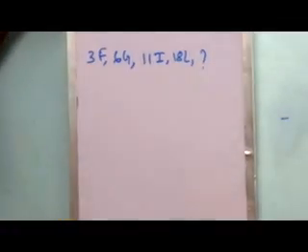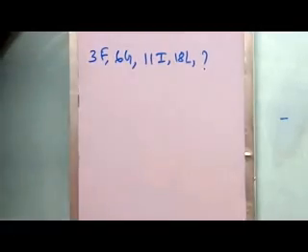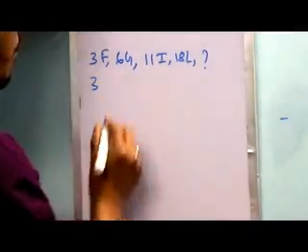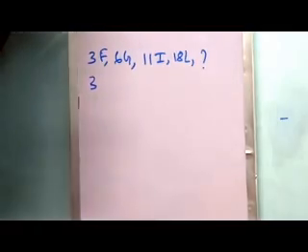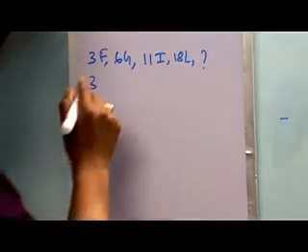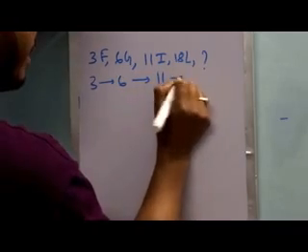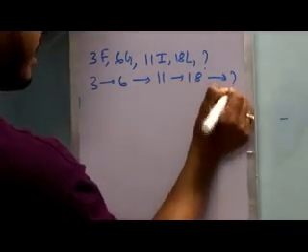This series is also a combination of letters and numbers. So first we have to find the relation about the numbers. 3, 6, 11, 18, question mark.